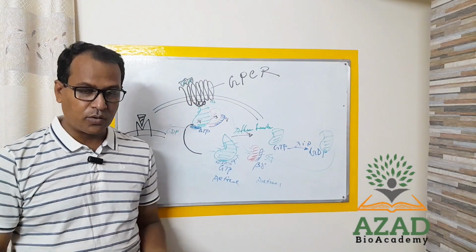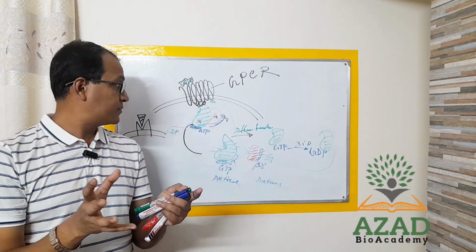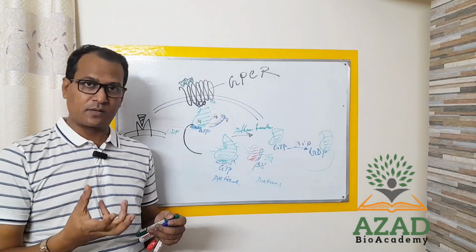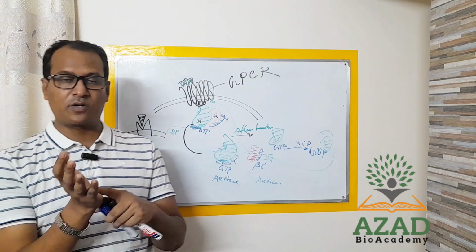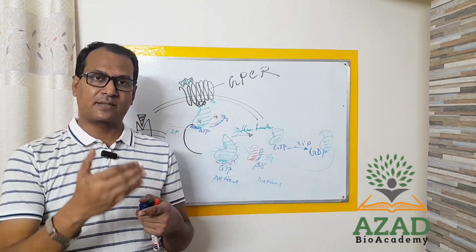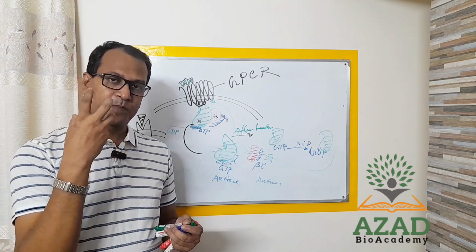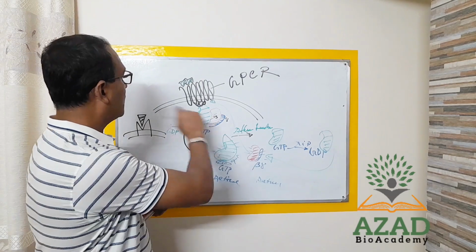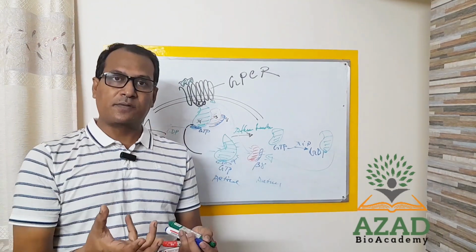So I will just sum up. After activation of the receptor, that means the ligand binds with the receptor and a conformational change occurs, that will lead to G protein activation.